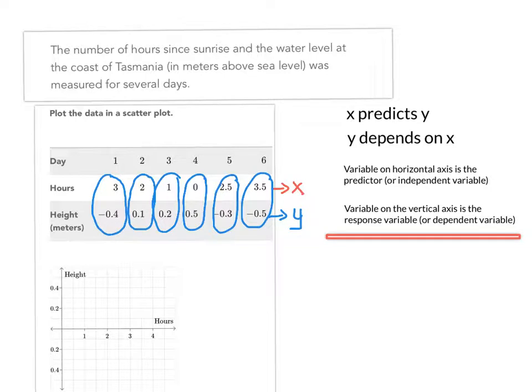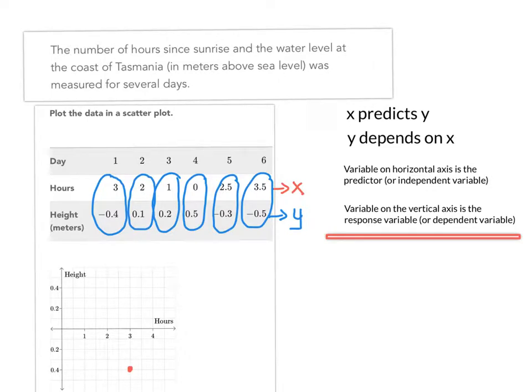So at 3 hours, we were 0.4 meters below sea level. Okay, so we go over 3 and down to negative 0.4. So right here, this line represents sea level. Anything below this line would be below sea level. Anything above this line would be considered above sea level.